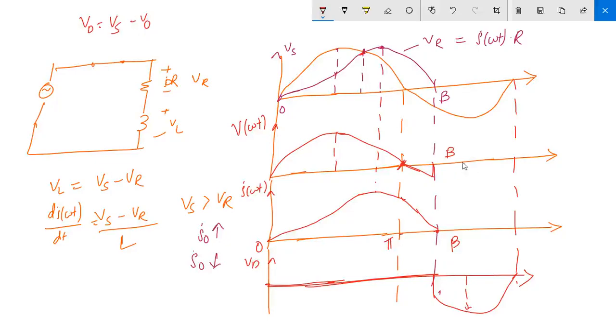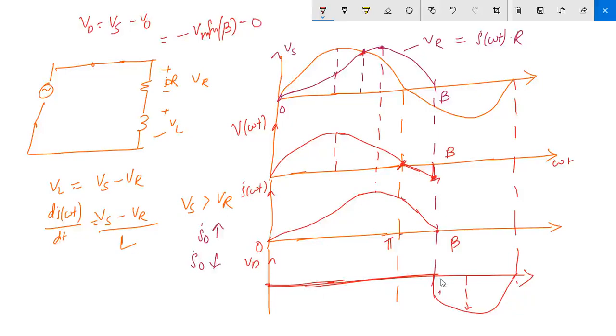During this portion V naught is negative, because V naught gets negative from here only. So the remaining waveform will come into the picture. So minus Vm, you can say this minus Vm sine beta, because at omega t equal to beta it starts from here, and your V naught voltage is 0.